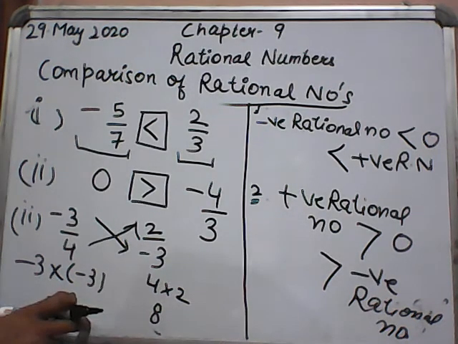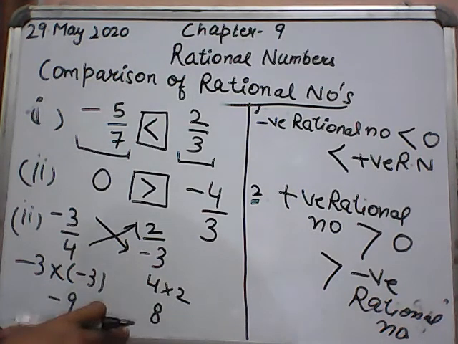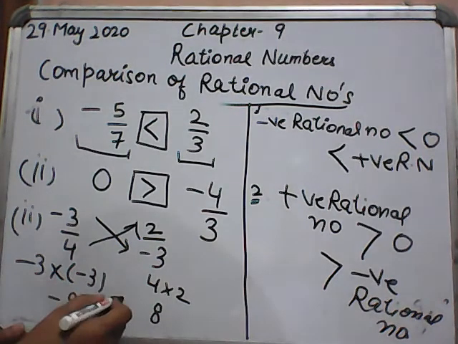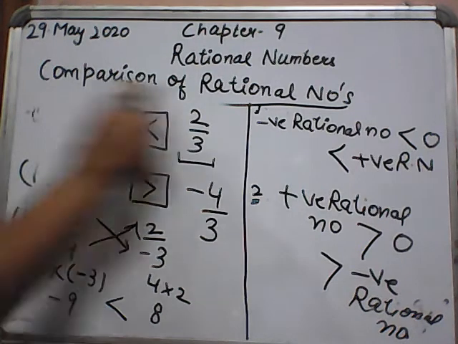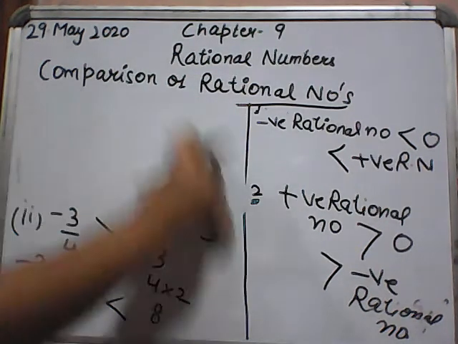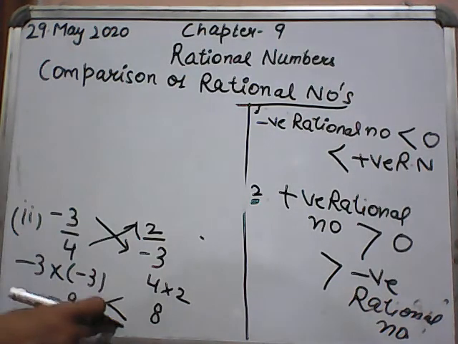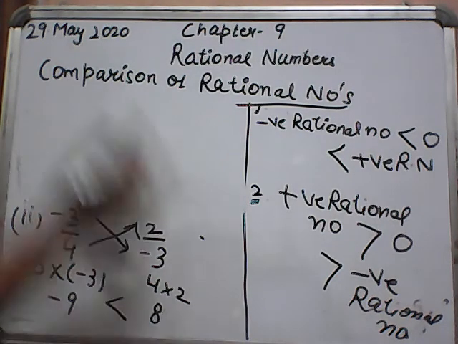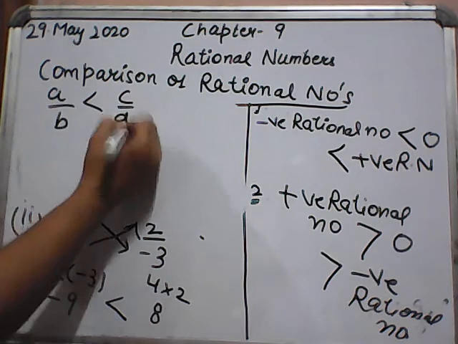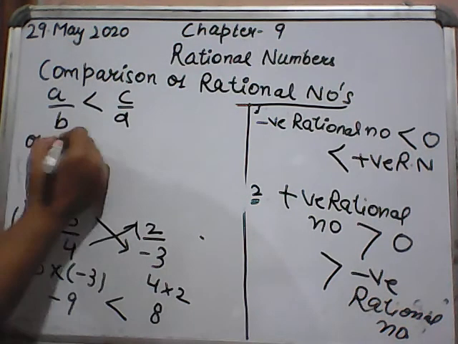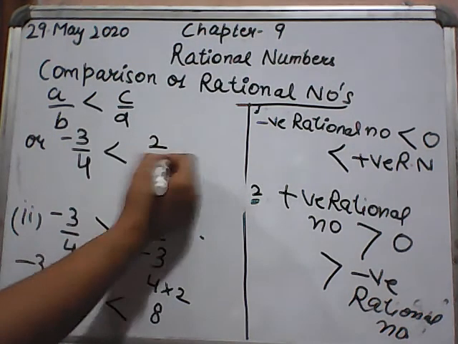Negative integer always lies to the left of a positive integer. That's why you can say a negative integer is less than a positive integer. Now, you can say AD is less than BC, so a by b is less than c by d. Also, you can say minus 3 by 4 is less than 2 by minus 3.